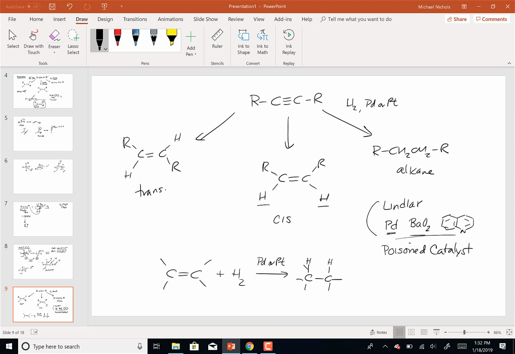But there they have a problem, because if there's sulfur in the crude oil, the sulfur will kill the catalyst, or poison it. So normally we don't poison catalysts intentionally. We have to be careful that they don't become poisoned during a process, because palladium and platinum are super expensive. And so having those catalysts get basically destroyed without a method of regenerating them is going to cost a fortune.